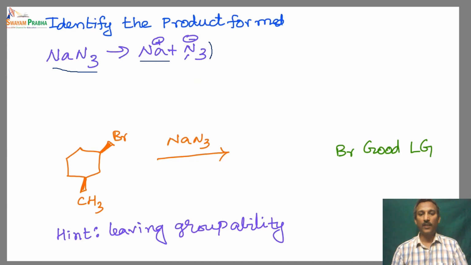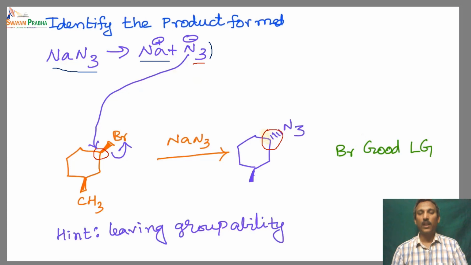In the next step, this N3 goes and attacks this particular carbon from the rear side. That leads to the concomitant removal of the bromide anion. So we end up with inverted stereochemistry at this particular carbon, because this is an SN2 mechanism, and in this reaction inversion of configuration takes place.